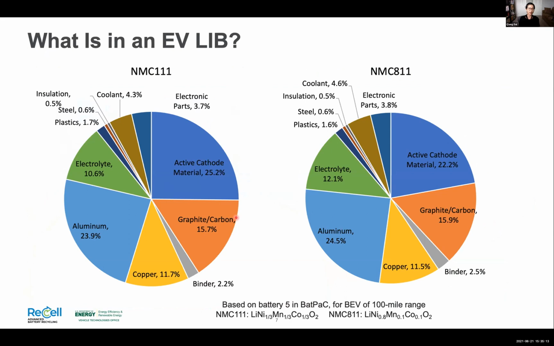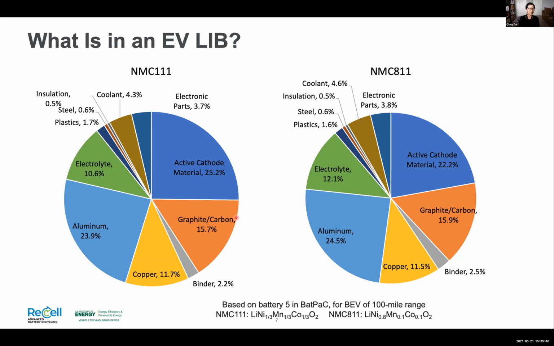First, we need to find out what is in an electric vehicle battery. The ratios shown here will change depending on what cathode chemistry the battery is based on and what applications the battery is used for.